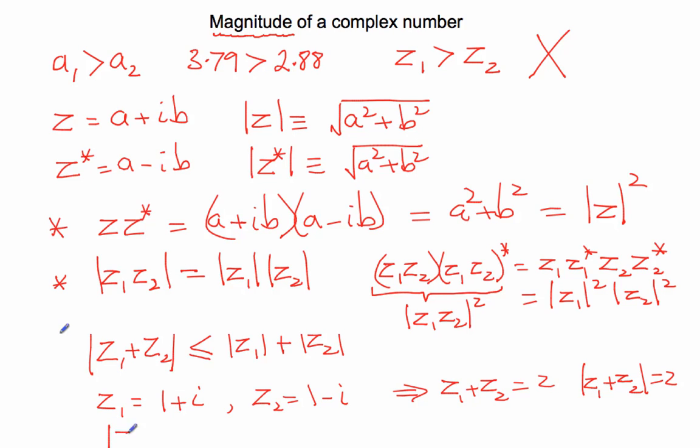On the other hand, the magnitude of z1 is clearly square root of 2, and the magnitude of z2 is also the same. So let's compare 2 with 2 times square root of 2. Clearly, this condition over here is fulfilled.